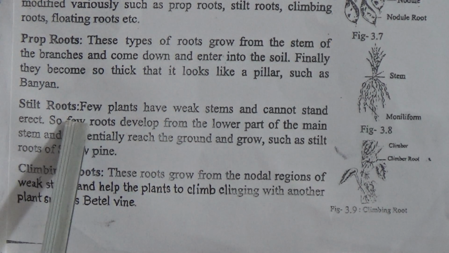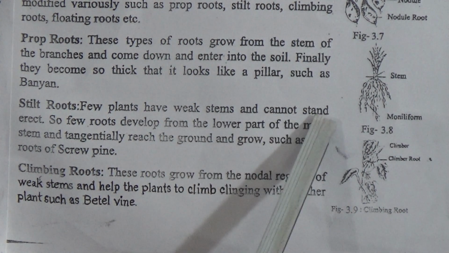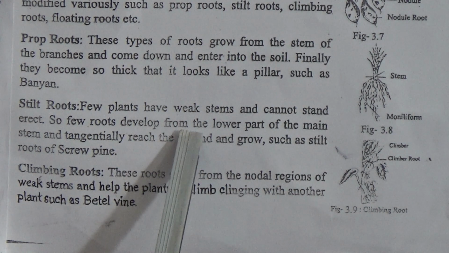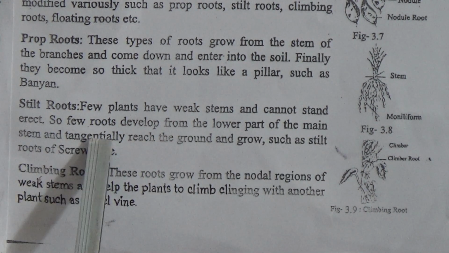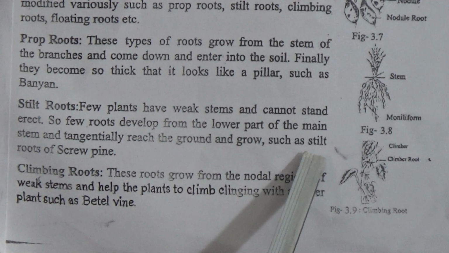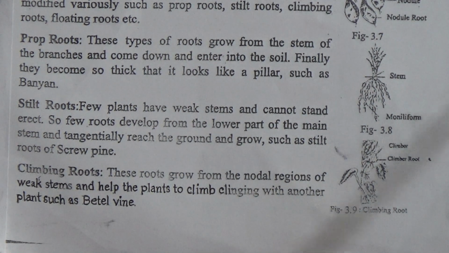Now, stilt roots. Few plants have weak stems and cannot stand erect. So, few roots develop from the lower part of the main stem and tangentially reach the ground and grow, such as stilt roots of screw pine. Here is the example of stilt roots of Keya.